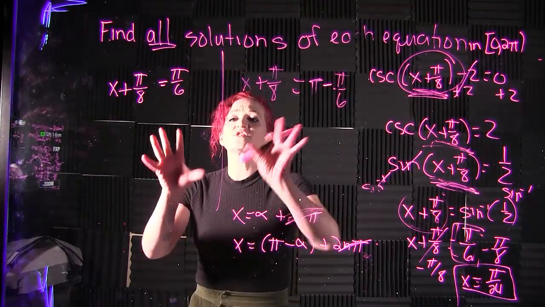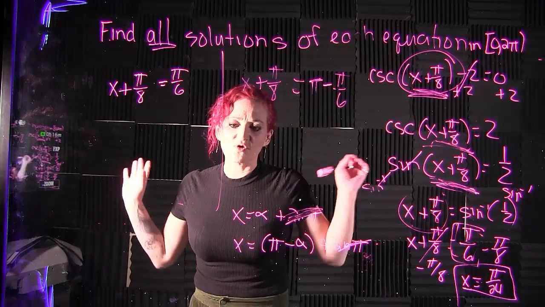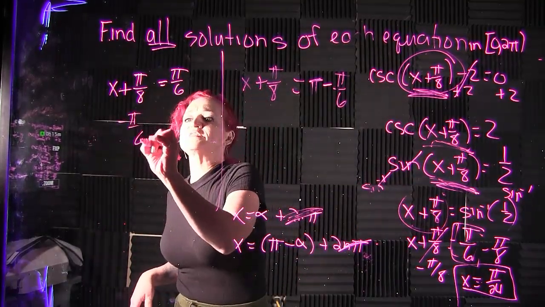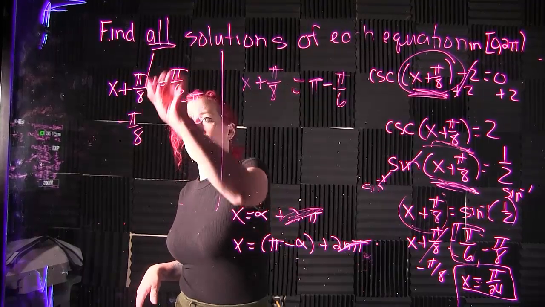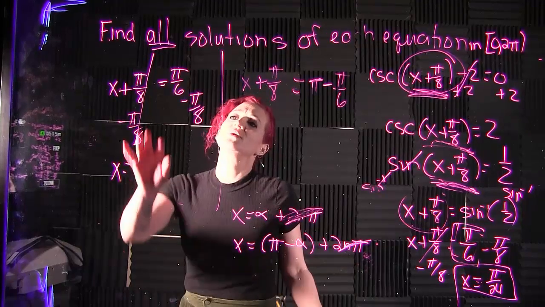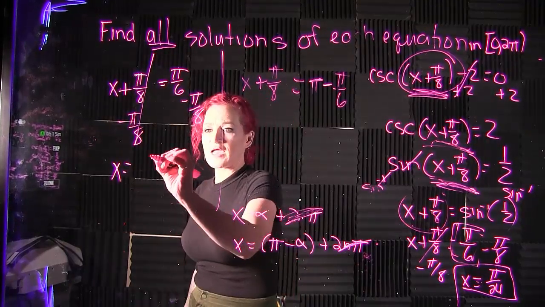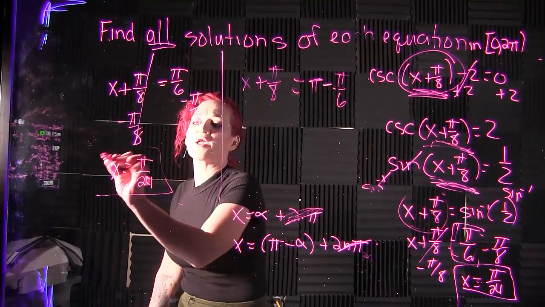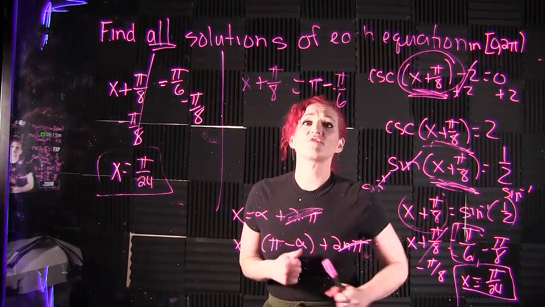Once we solve both of these equations here, these will give us the solutions within 0 and 2 pi. So if we subtract pi over 8 on both sides over here, we are left that x is equal to pi over 6 minus pi over 8, once we get common denominators there, we are going to be left with pi over 24 as our first solution.